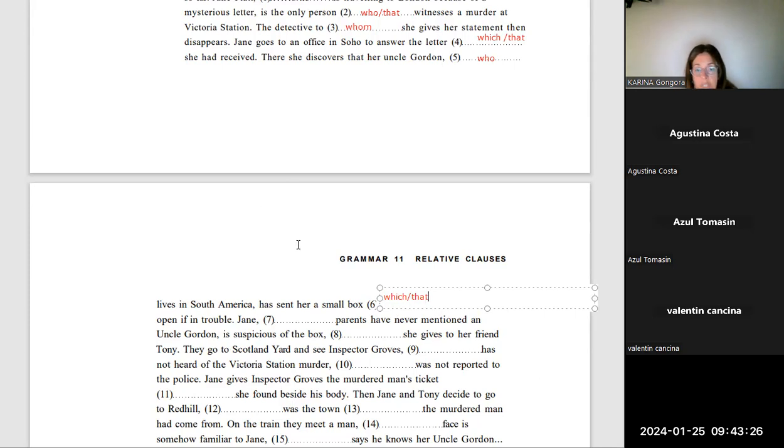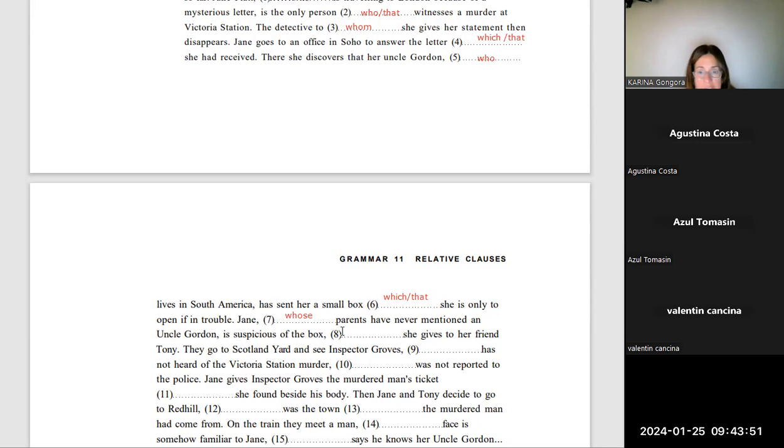Very good. She's only to open if in trouble. Jane, now we're speaking about something that belongs to Jane. So we're going to say Jane, whose parents have never mentioned an Uncle Gordon, is suspicious of the box. Comma.